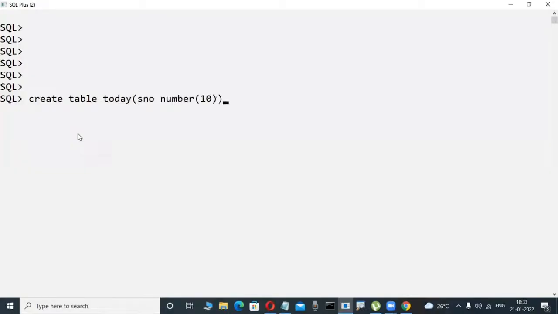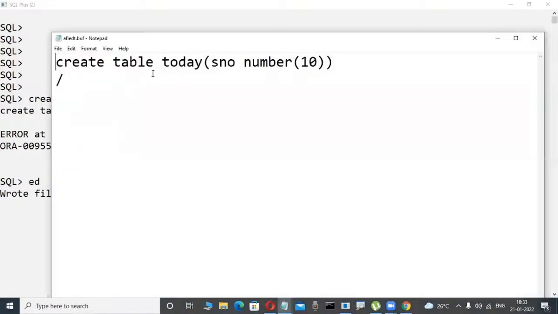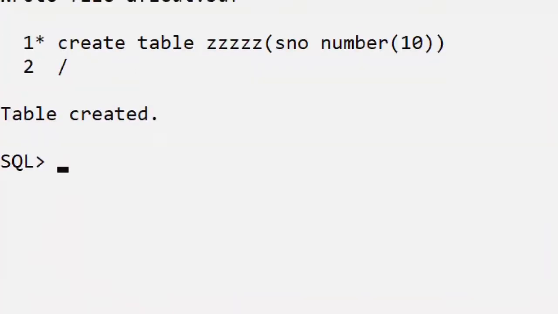Slowly observe it here. Yes, concentrate here. Suppose Z is a table. Observe it here, Z is a table. For example, I am creating it. For example, this table is created.